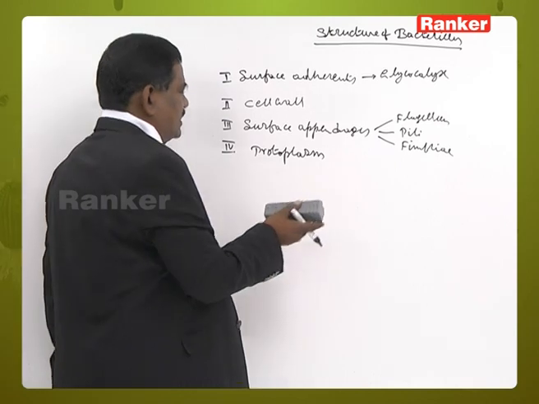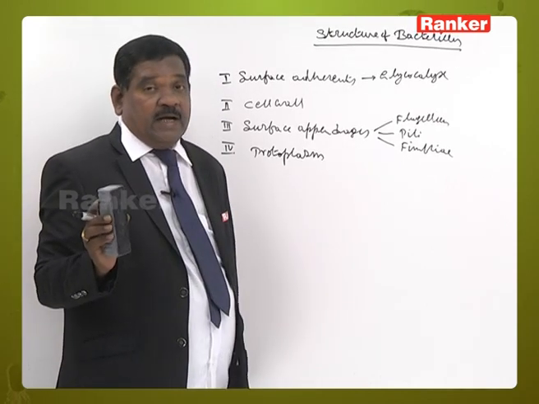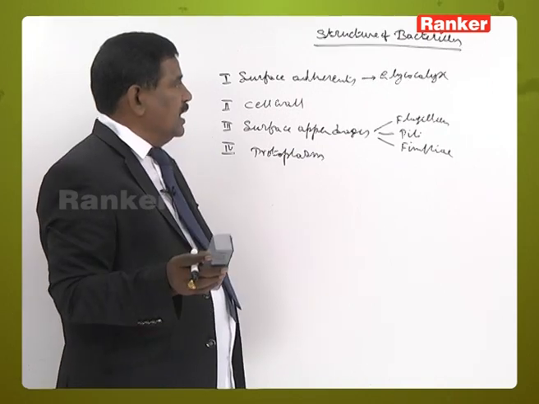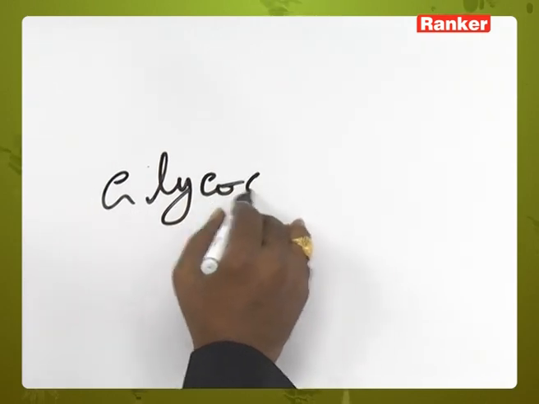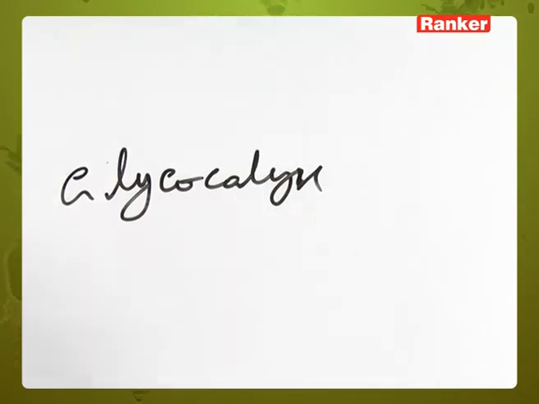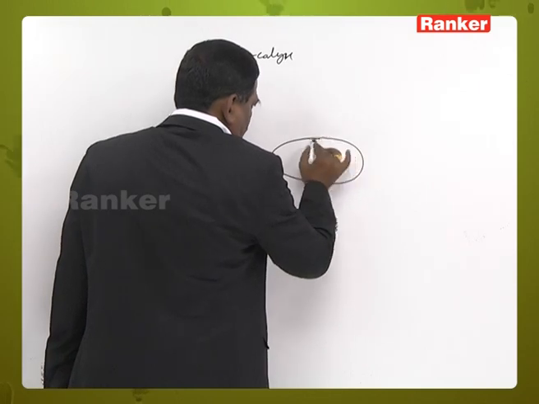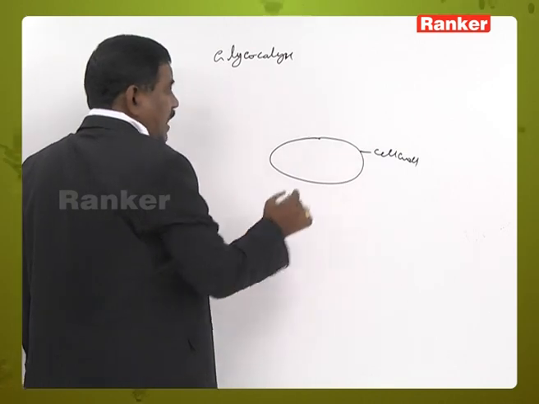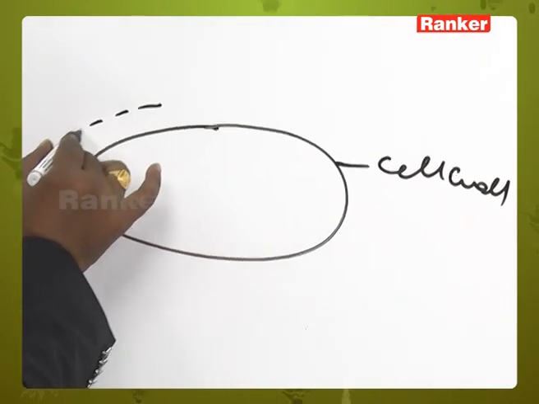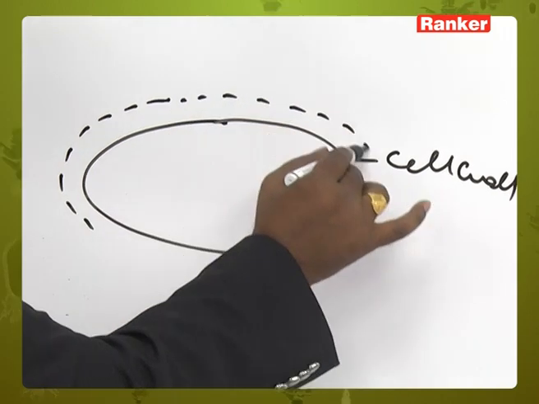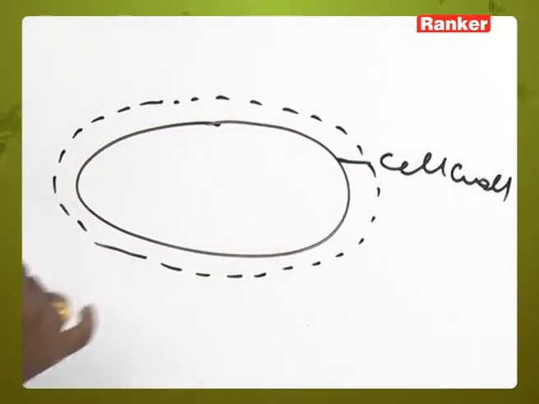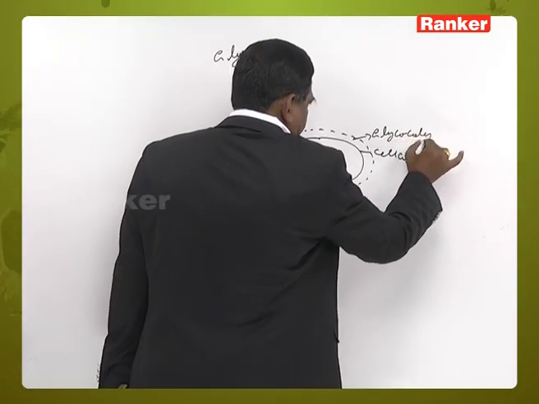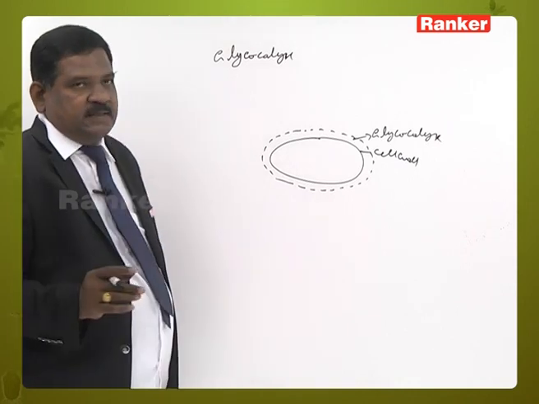That is glycocalyx. Some bacteria, not all bacteria, are enveloped by a coat called glycocalyx. It is outside the cell wall of the bacterium, a cover that is glycocalyx.